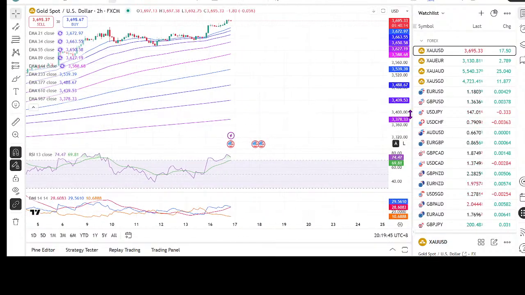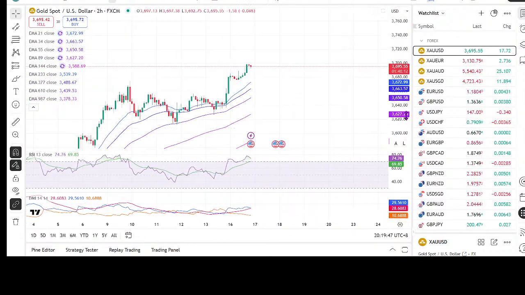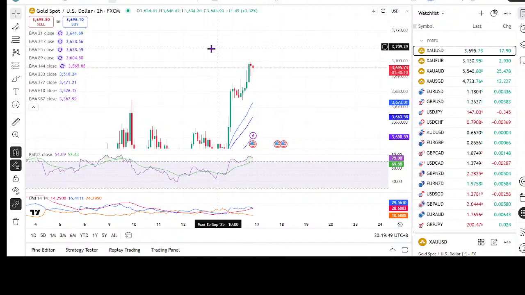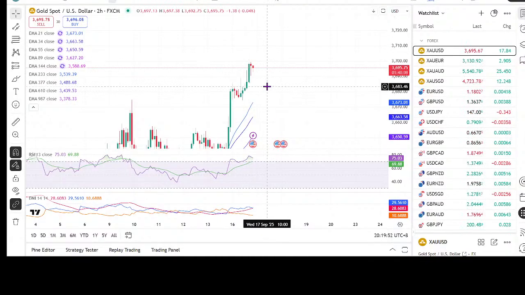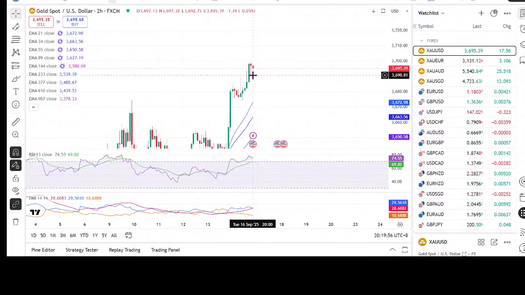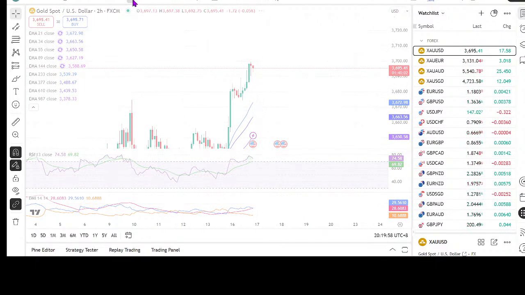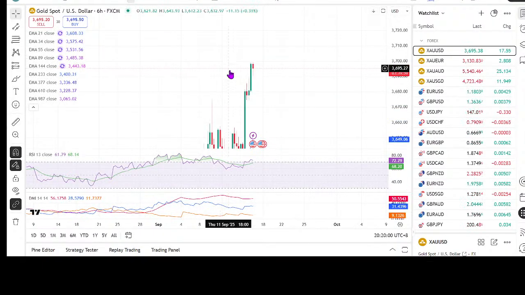Retail sales right now, what we are seeing is a range in the 2 hour chart for the past 4 hours. As far as the 6 hour is concerned, I think the 6 hour has just started with some weakness.